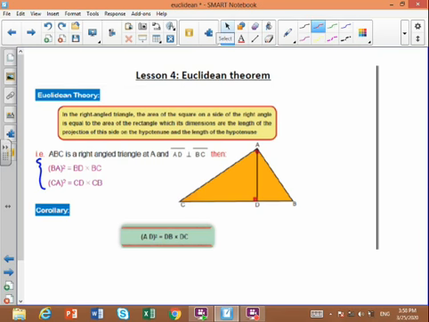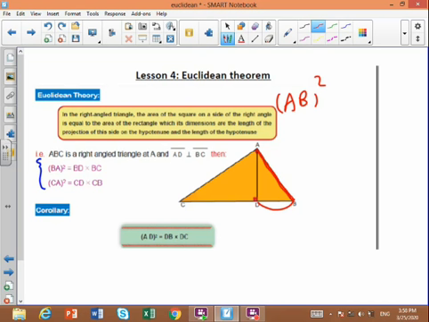As I've said, I want to get AB. In the Euclidean theorem, AB square equals what? It is not equal to BC square minus AC square like Pythagoras. It is equal to BD, look, I am talking about this side.